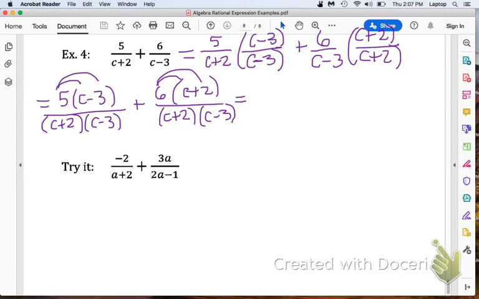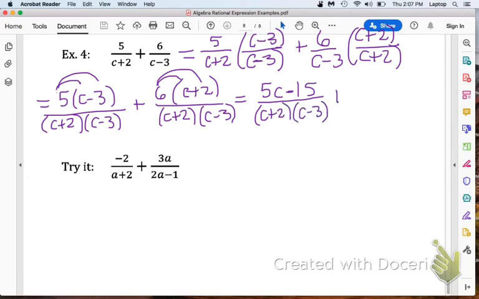So that's going to be equal to, I'll distribute and write it all over one denominator at the same time. How does that sound? 5c, and then we have 5 times negative 3 is negative 15. And then since it's plus, it's not going to change the sign of everything. Well, maybe I'll do it this way. Sorry. (c plus 2)(c minus 3).